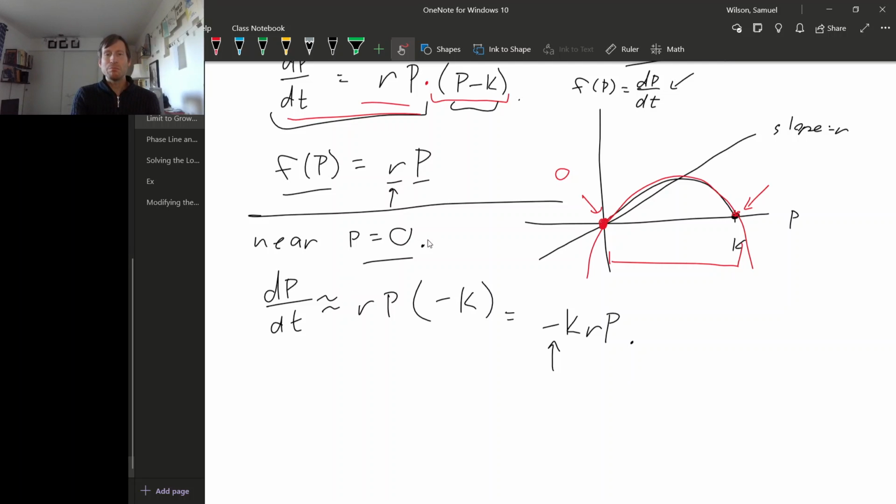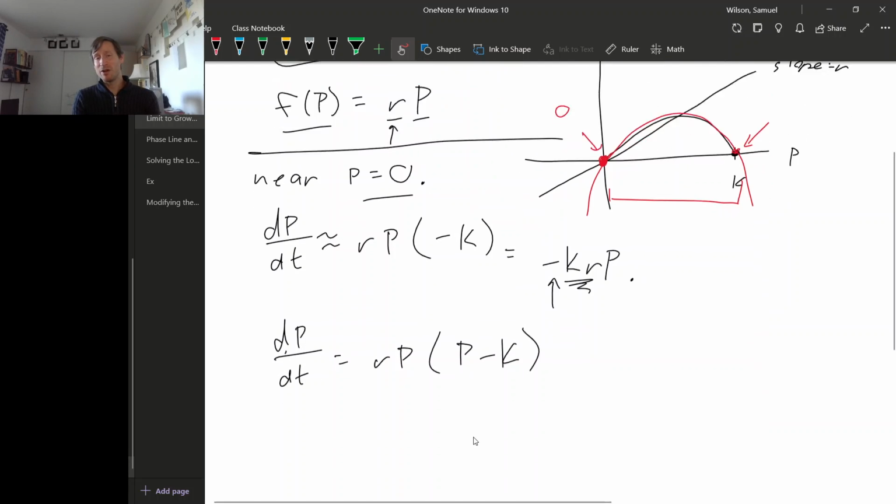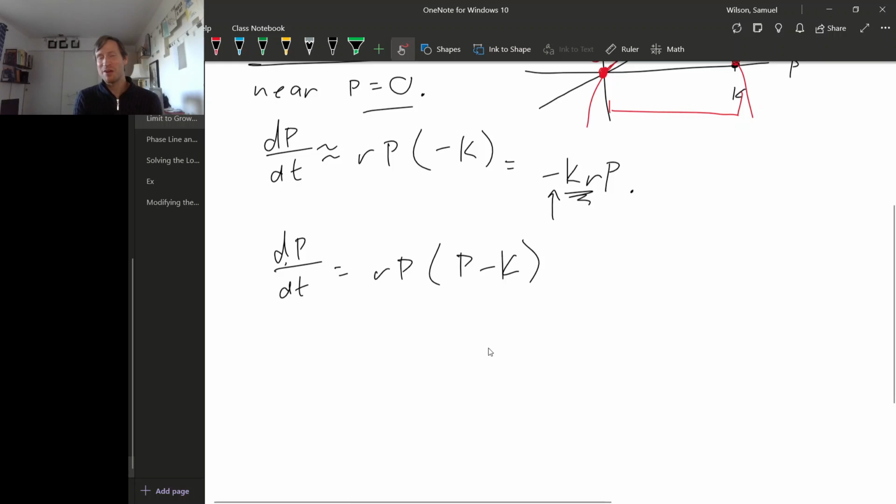So when the population is near 0, the proportional growth rate should be the natural growth rate, r, but it isn't. Here it's k times r instead. So this differential equation that we wrote down, r times p times p minus k, doesn't quite do what we want, right? When the population is equal to k, it makes dp/dt 0, but it has some other undesirable features. So what could we do?